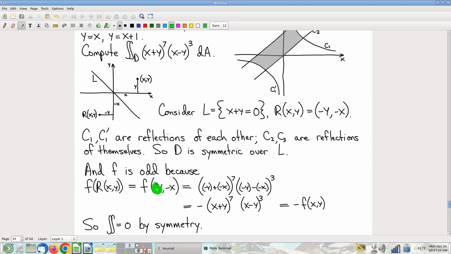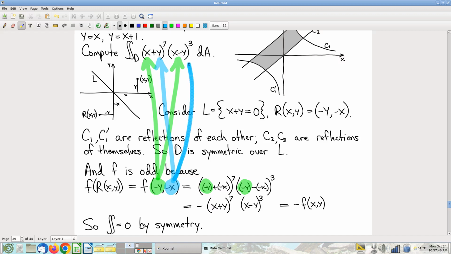In the first position, aka anywhere up here that I see x, I need to put negative y. And in the second position, aka anywhere I see y up here, I've got to put negative x.